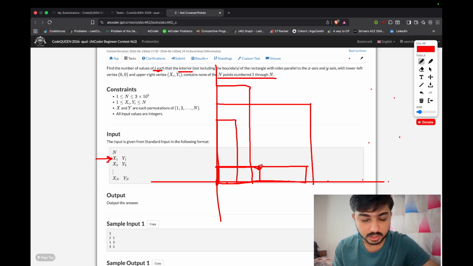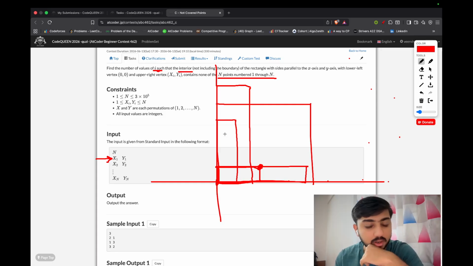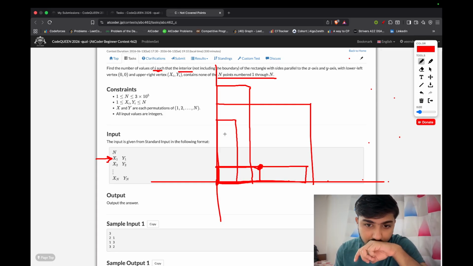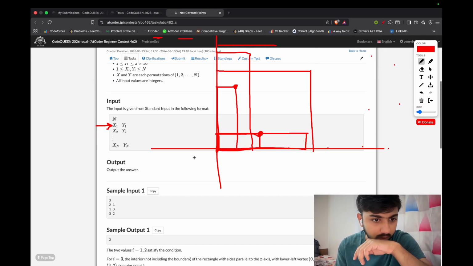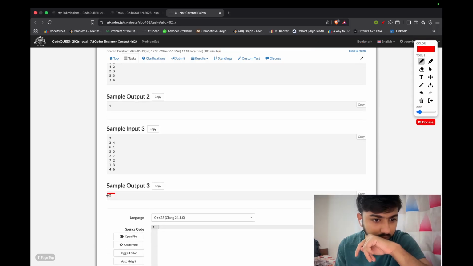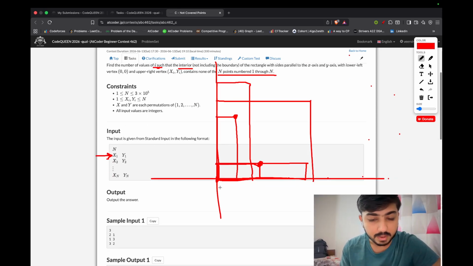If I take the smallest x from this side, okay, and the smallest y, then the maximum answer can be 4. That's what I saw here. Answer is 2, answer is 1, 3. We can, maximum answer can be 8.